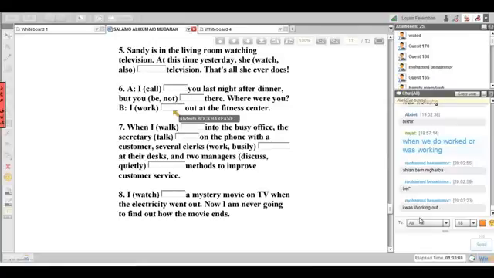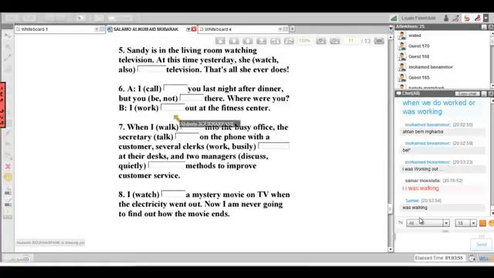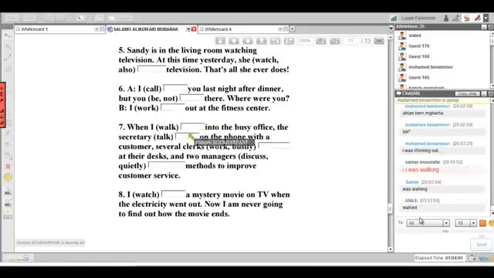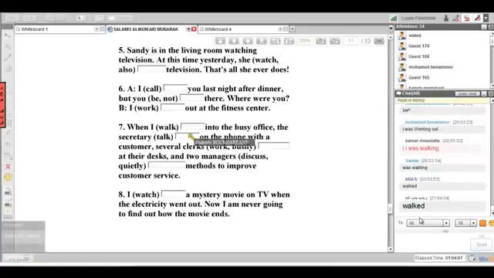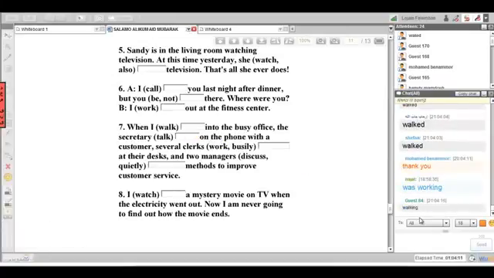At this time yesterday, she watched also television. She was also watching television. She was watching. Yes, this is it. She was also watching television. Okay? That's all she ever does.